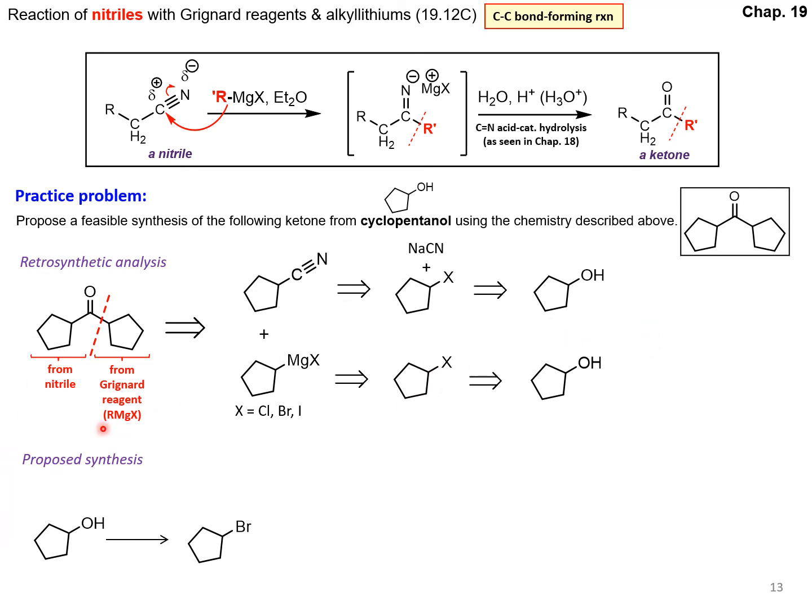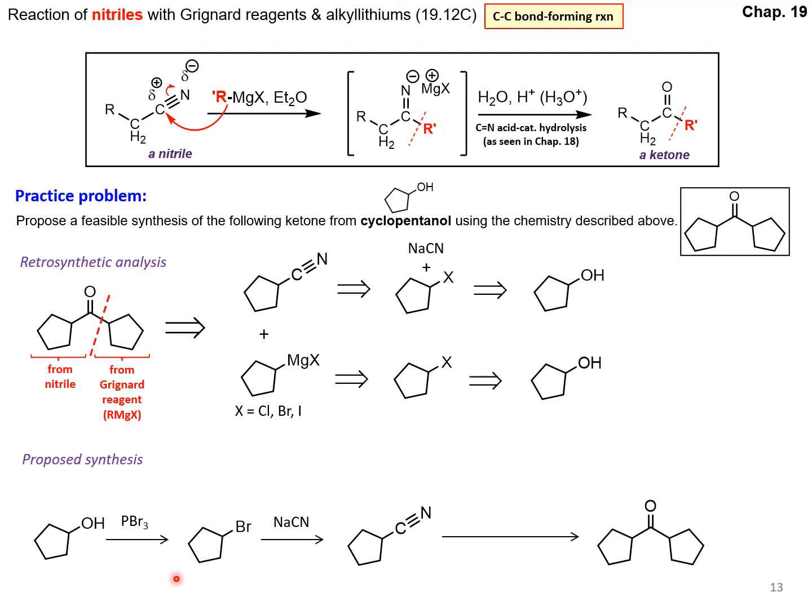After this analysis, now I can write out the answer, the proposed synthesis. I could easily convert this alcohol to the alkyl bromide with PBr3. I could have written HBr. Either one would be a suitable reagent. In order to make the nitrile, I would have to treat the alkyl bromide with cyanide.